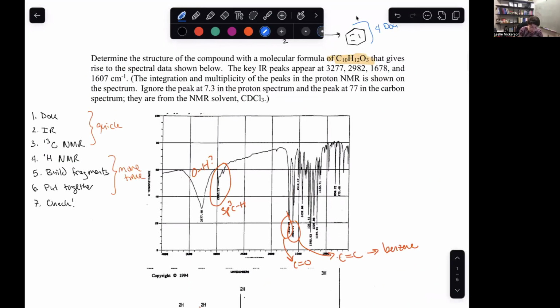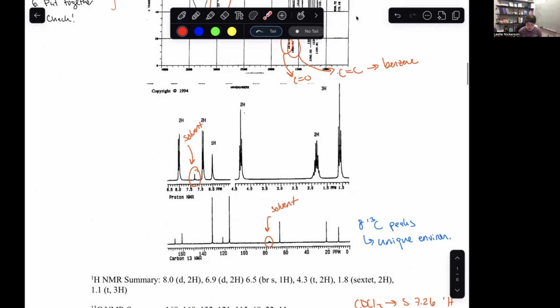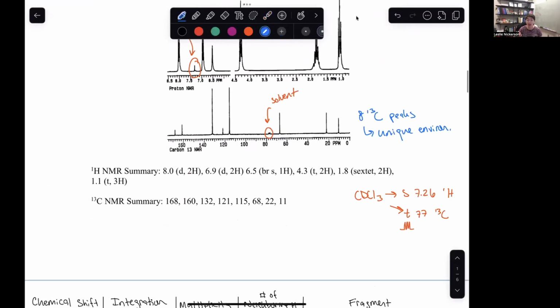If I, again, look at my formula and the fact that I have 10 carbons here, that means that I have to have a couple of environments that have more than one carbon involved. Okay, so I have to have some amount of symmetry here because that number of peaks is smaller than the number of my carbons. Okay, so I know that I got symmetry.